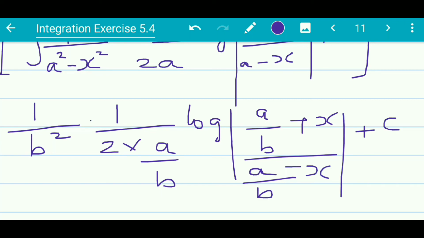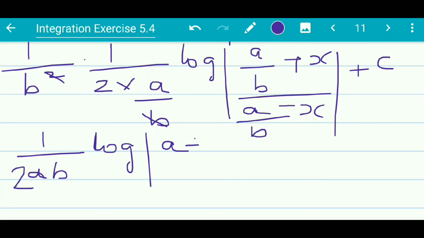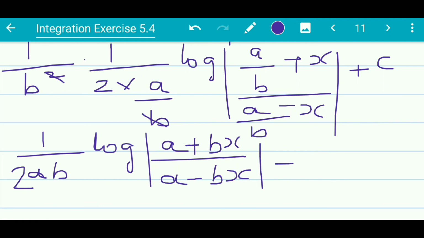This becomes our answer. So here one of the b gets cancelled. Upon simplifying further, we get 1 upon ab into 1 upon 2, that is a 2 is there. So 1 upon 2ab log mod of a plus bx upon a minus bx plus c. So thus this becomes our answer.